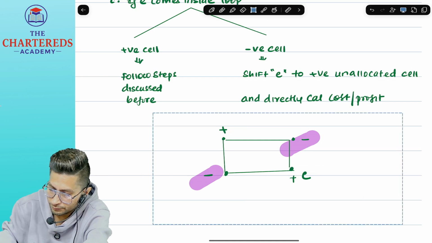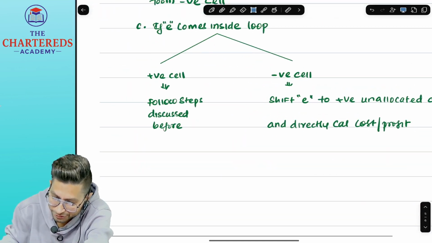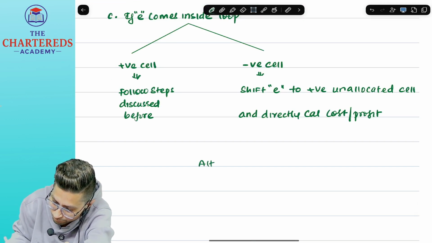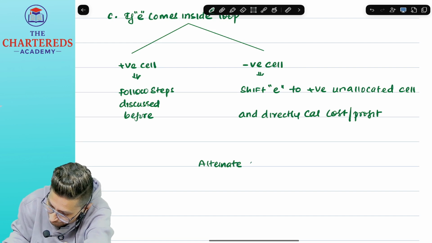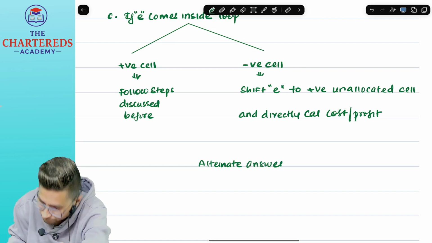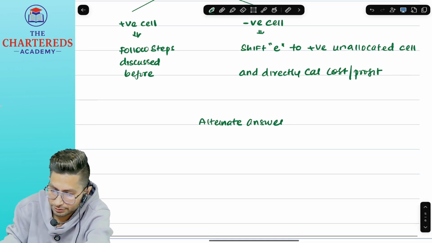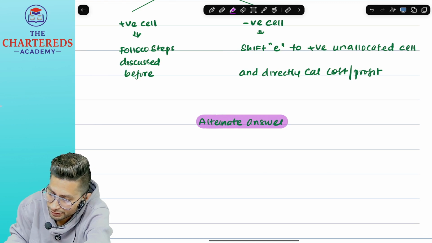Next. Sometimes in the exam they can also ask you something called an alternate answer. Whatever they can ask in the exam, I'm telling you. How do you know whether there is an alternate answer or not?